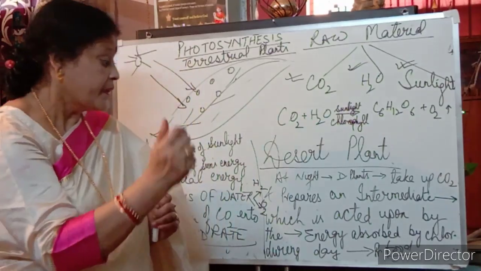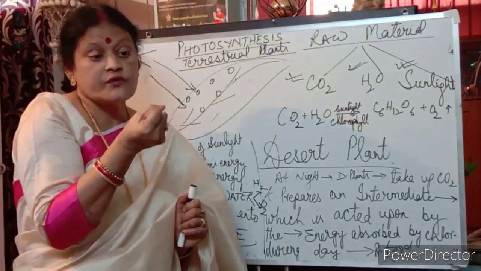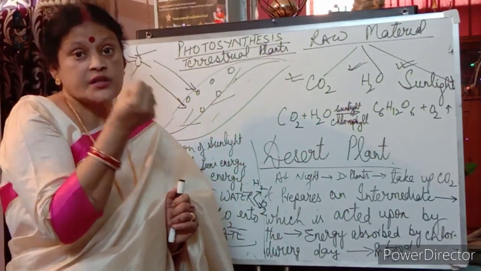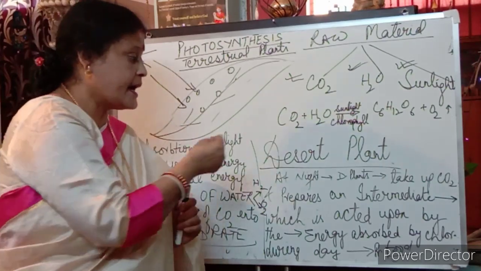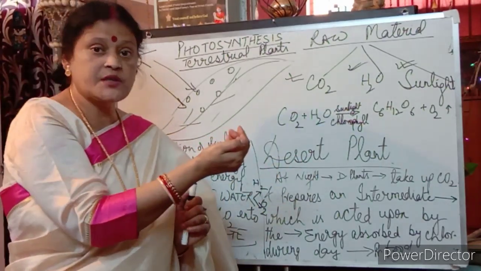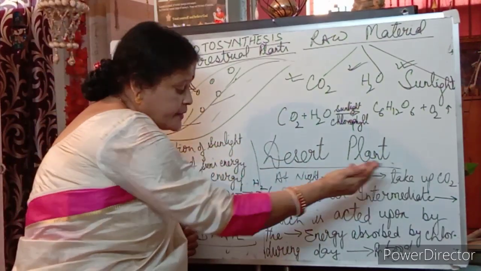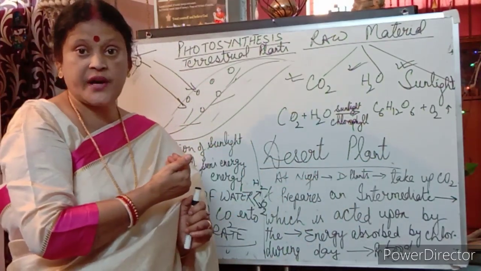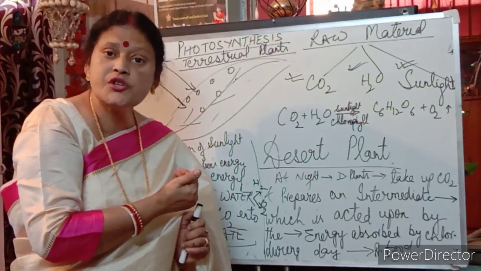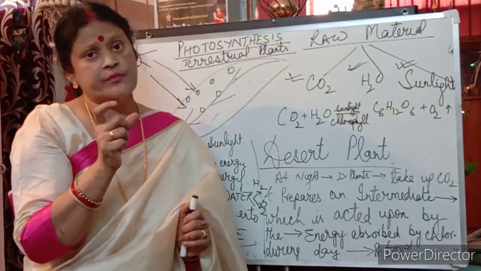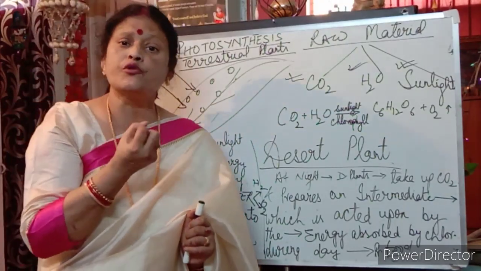Clear? Now, in the desert plant, most of the process starts at night. At night, the desert plant takes up CO2 from the atmosphere and prepares an intermediate. What is the meaning of intermediate, students? This is the compound formed.